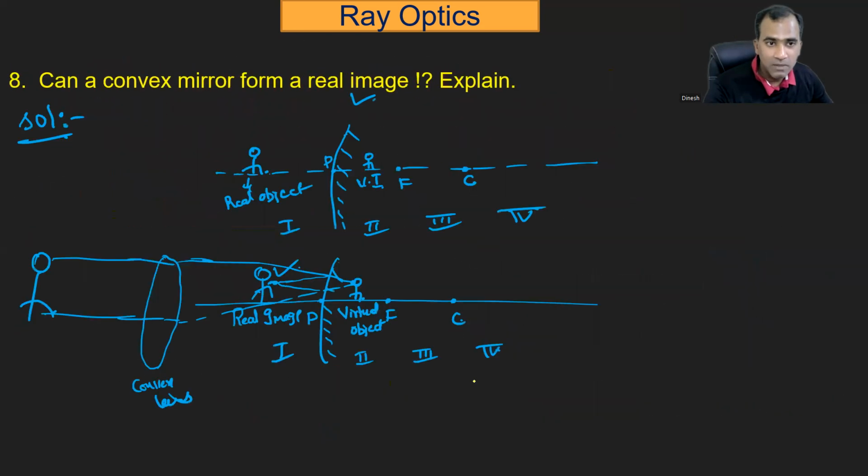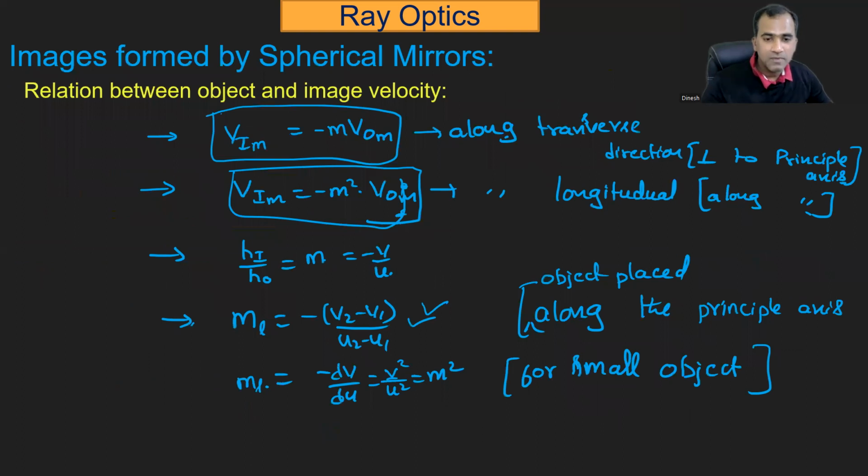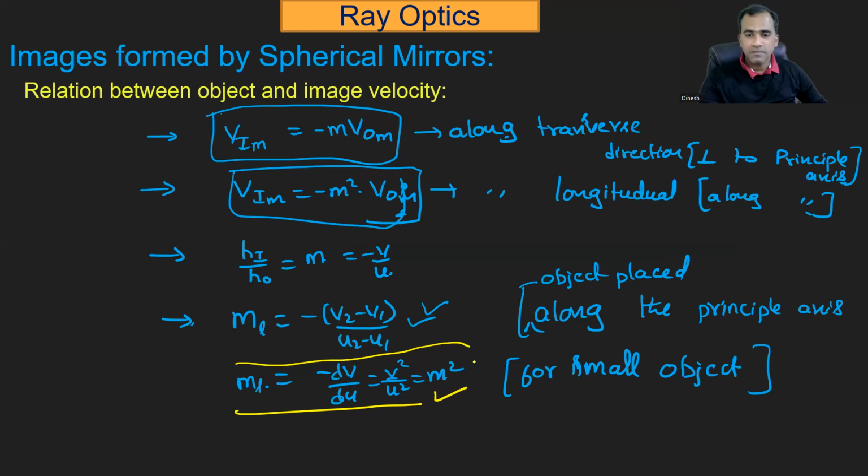I'll go back and show you. What is it? Longitudinal magnification. When you place an object longitudinally along the principal axis, if it is small, the formula is simply the transverse magnification factor, minus v by u, squared.